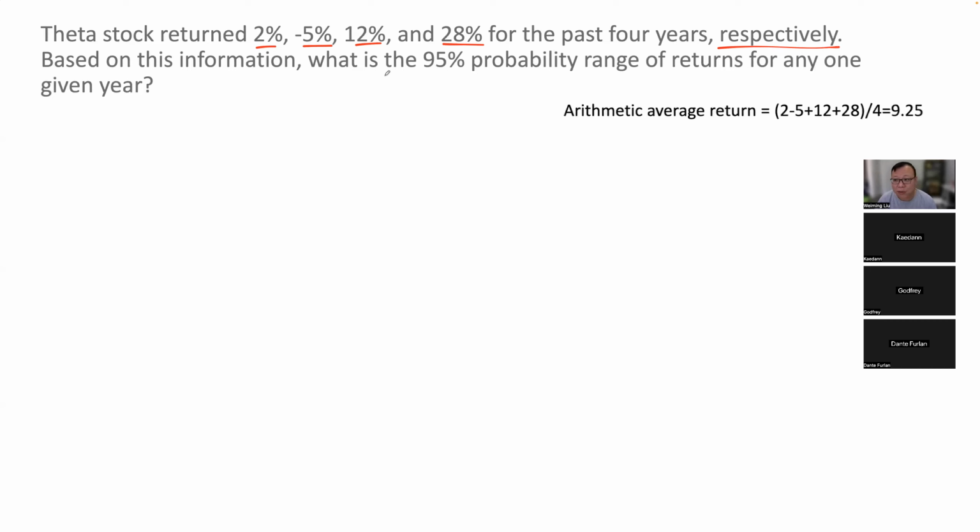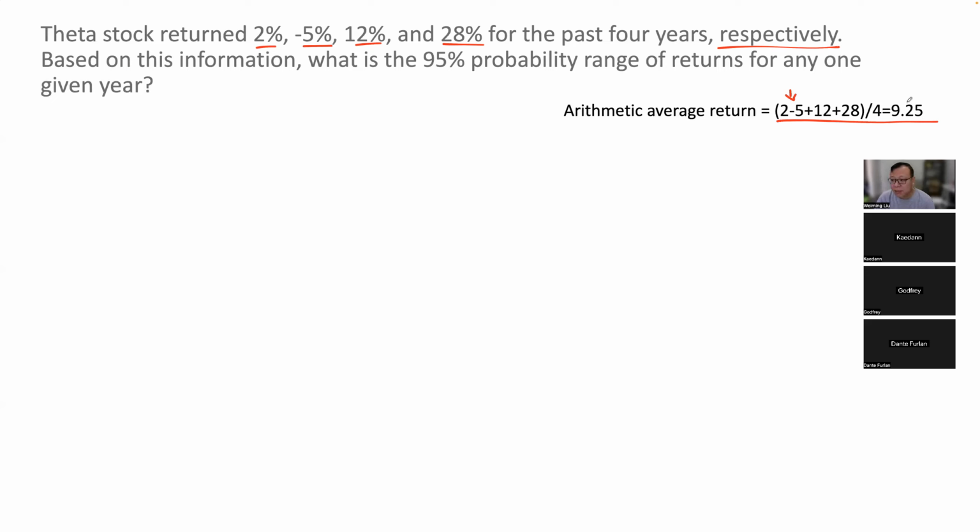First, you calculate the arithmetic average return, and that's pretty easy. You sum the returns up divided by the number of observations, 4. So 2, minus 5 because it's a plus negative, so that's minus 5, 12, 28. So I figured out this would be 9.25. That's my arithmetic average return.